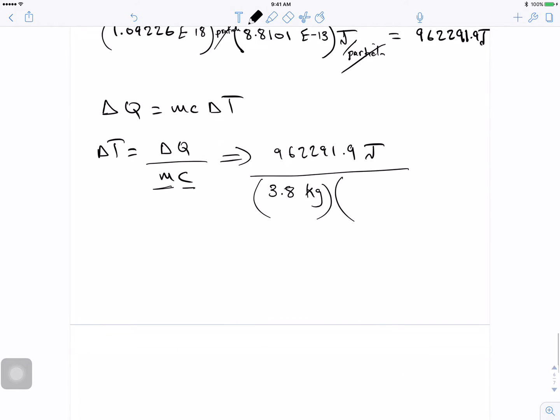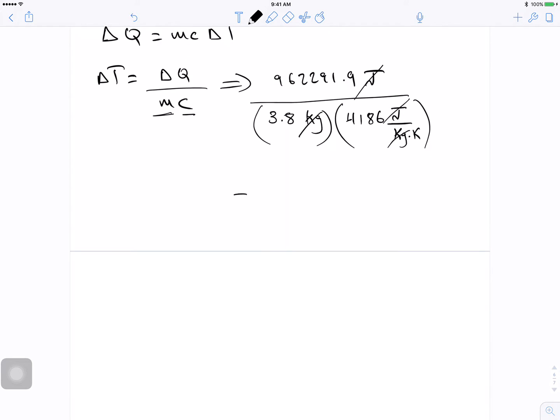This is not the speed of light, this is the specific heat, 4.186 joules per kilogram per Kelvin. So the kilograms cancel, the joules cancel, and the Kelvin remains. So for delta T, we got 60.49 Kelvin.